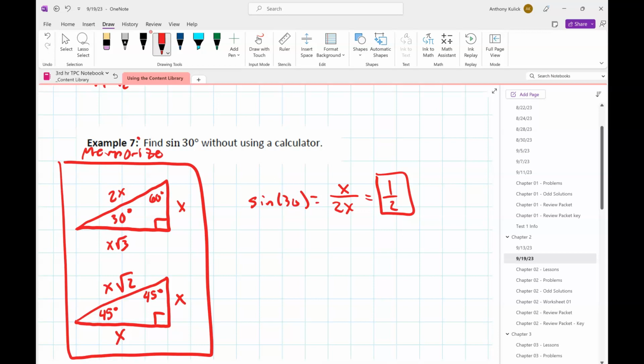Do I expect you to remember that? I do. But that would be a good candidate for what? Your half sheet, right? That'd be a good thing to go on your half sheet. Okay.